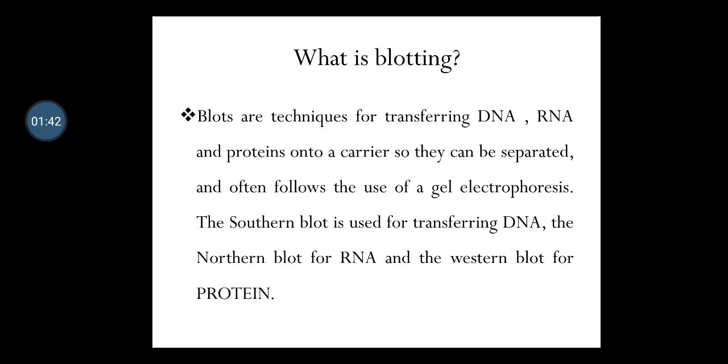DNA, RNA and proteins are easily separated by blotting methods. Basically these blots are responsible for transferring the DNA, RNA and protein onto a carrier so they can be separated, and often follow the use of gel electrophoresis. Southern blot is used for transferring DNA, northern blot for RNA and western blot for protein.